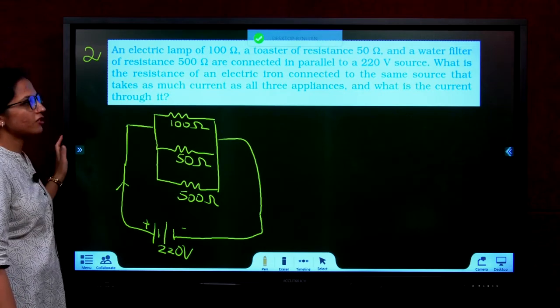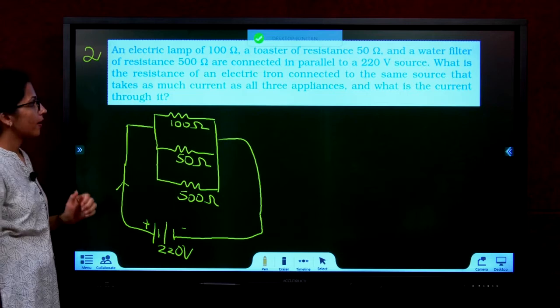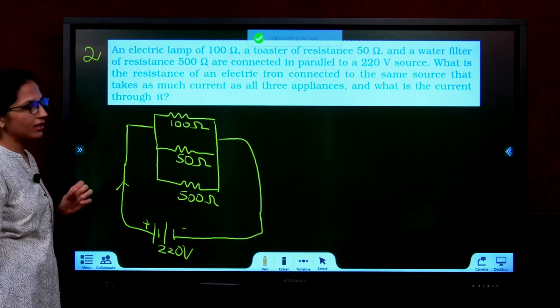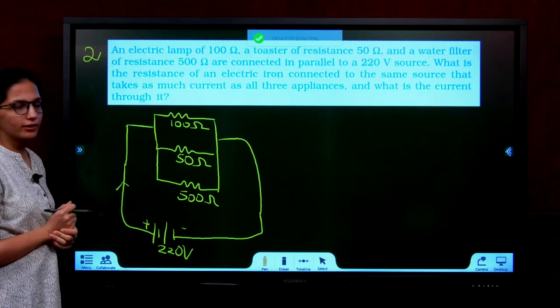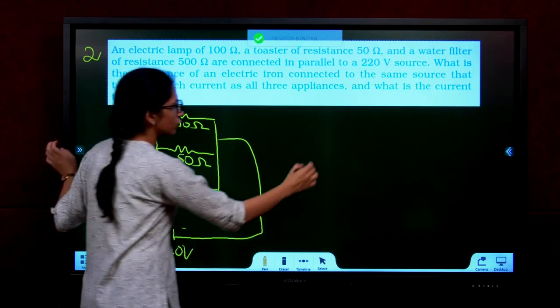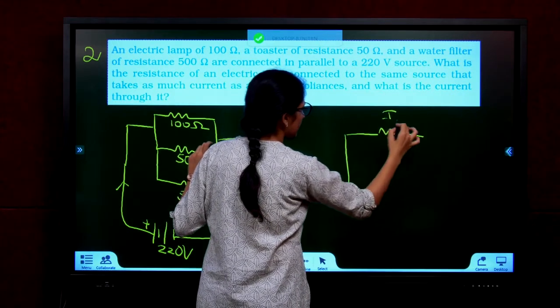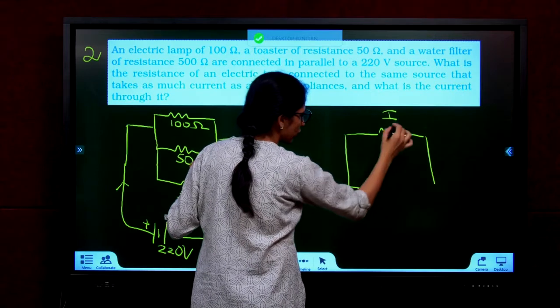What is the resistance of an electric iron? This is lamp, toaster, water filter. So now we are bringing an iron and asking what is its resistance, connected to the same source. So there is an iron. It is connected to the same source.